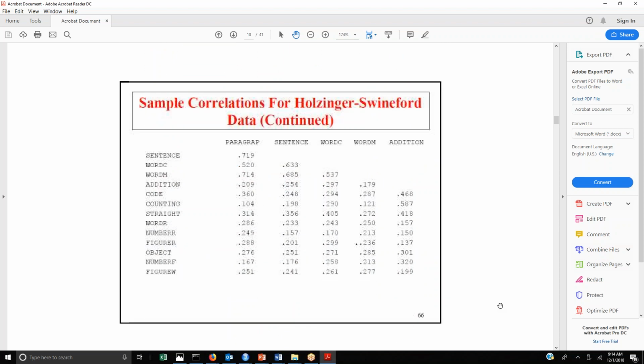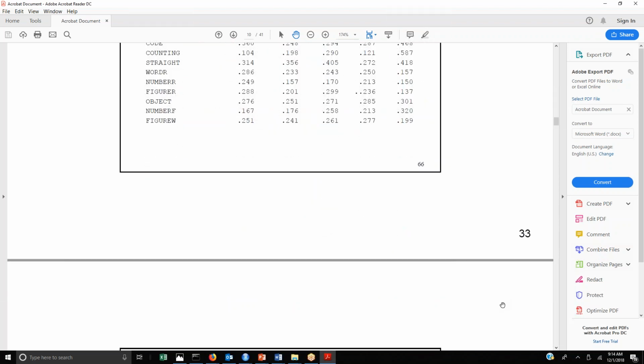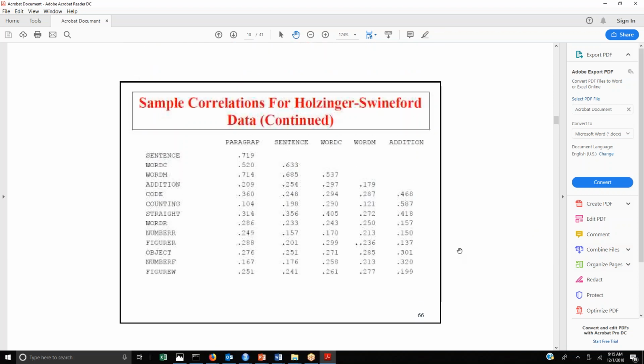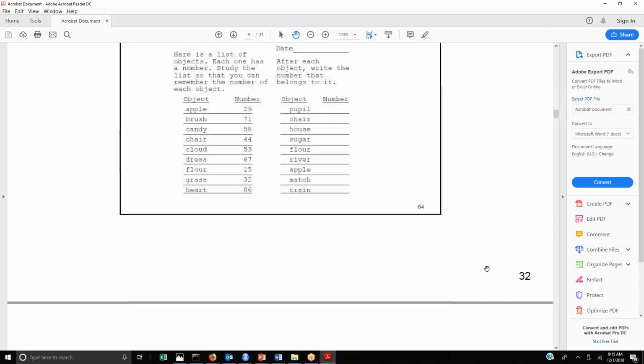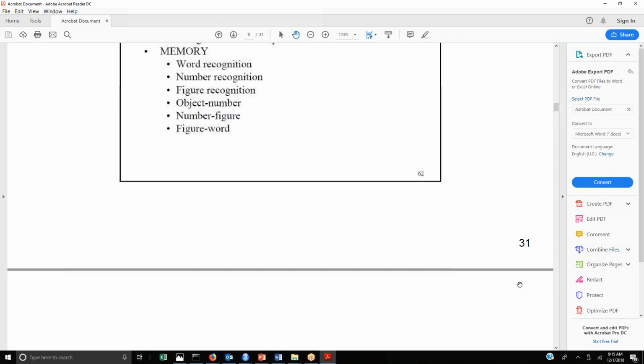Now, the question is, we want to know, this is where factor analysis comes in. We don't know which of the tests contributes to the speed, which of the tests contributes to those 5 factors we talked about. You remember that?